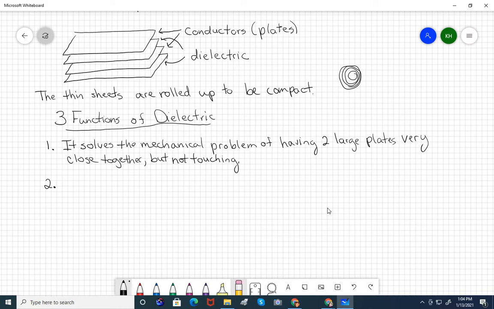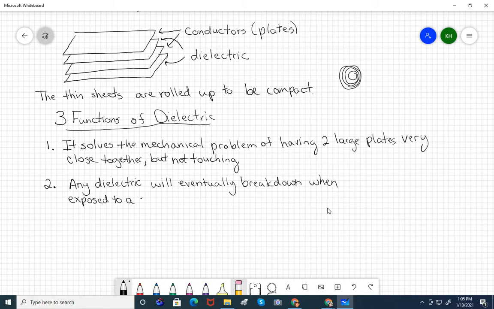The second thing we have to understand is any dielectric will eventually break down when exposed to a strong enough electric field.